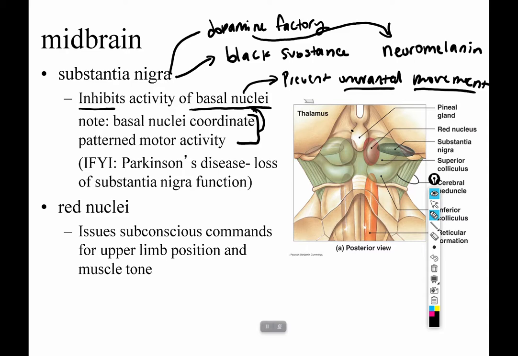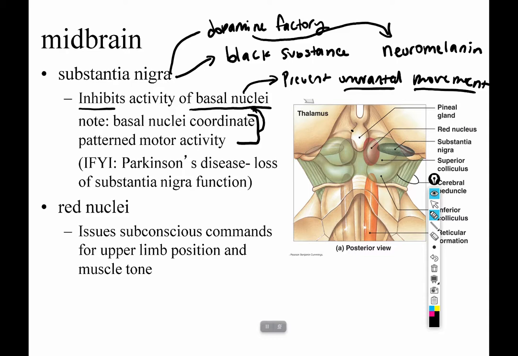And so they'll just fire an action potential for no reason every now and then. But because we have all of these nice inhibitory and pre and postsynaptic inhibition functions, normally we don't see the outcome of those spontaneous depolarizations because they are damped down by our brain and our nervous system.